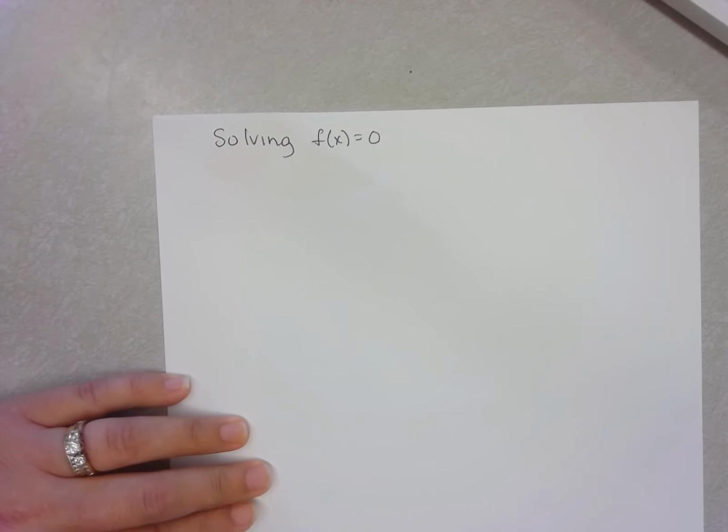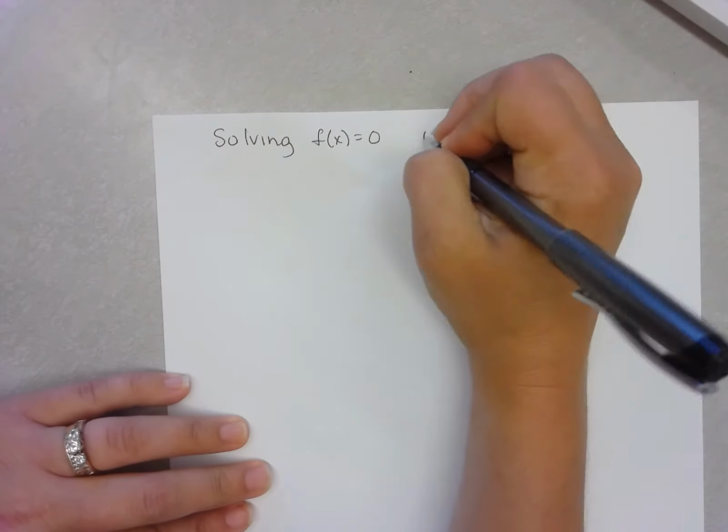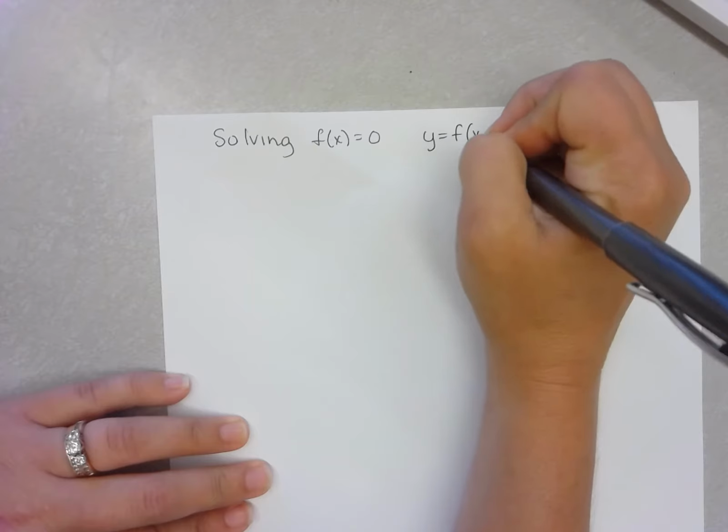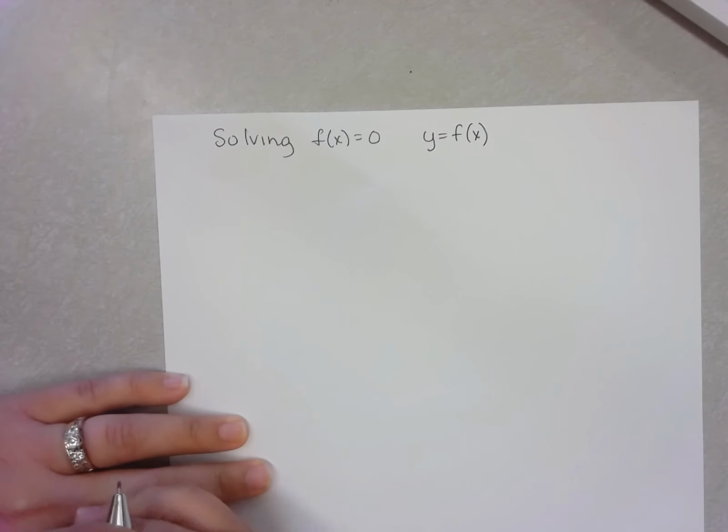But for right now, I just want to make sure that we're on the same page. So I want to remind us that y equals f of x. So really y and f of x are interchangeable. And so when we're solving something, if I'm asked to find f of x equal to 0, then that means I'm actually going to plug in 0 for y because y equals f of x.